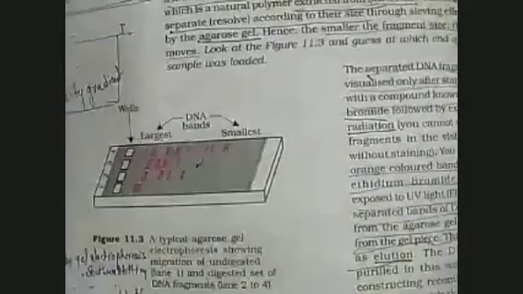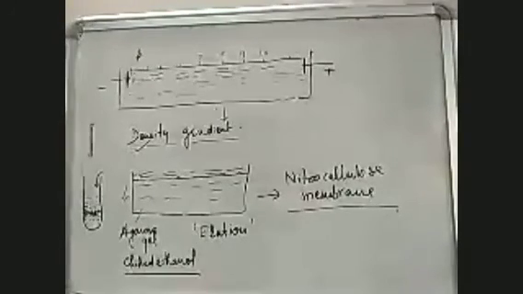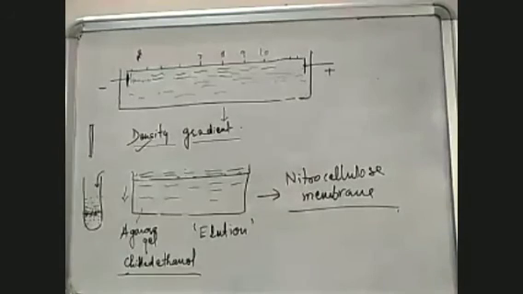11.3, gel electrophoresis, has been shown here. The wells have been shown. And one thing more I would like to tell you: we remove the fragments which we get according to their size. We remove them by elution.